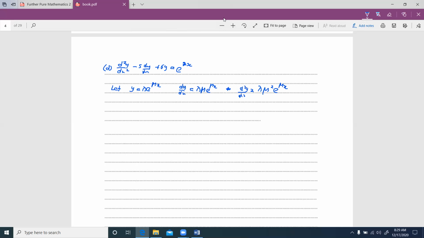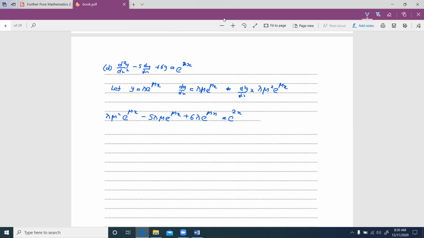So we get lambda mu squared e to the power mu x minus 5 lambda mu e to the power mu x plus 6 lambda e to the power mu x is equal to e to the power 2x.